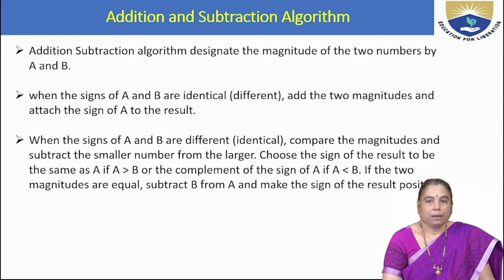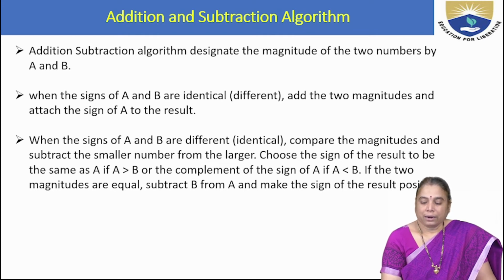And here an algorithm can be used to perform binary addition and subtraction. The addition subtraction algorithm designates the magnitudes of two numbers A and B, which can be stored in the registers A and B respectively. When the signs of A and B are identical, add the two magnitudes and attach the sign of A to the result.